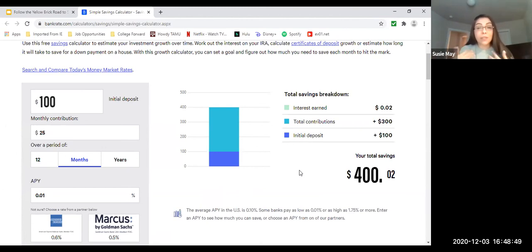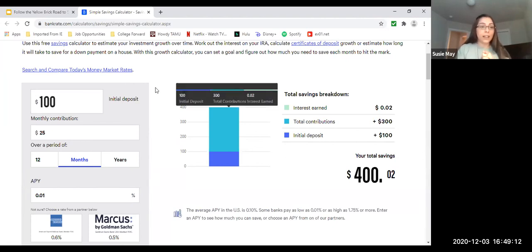My initial deposit was that $100, and over the course of 12 months, I saved $400.02 because of my interest. Because of my interest, I got that extra 2 cents. But that's what I mean when I say it's not a big addition, but interest can add up and help you out over time. All right, let's head back to the Yellow Brick Road.